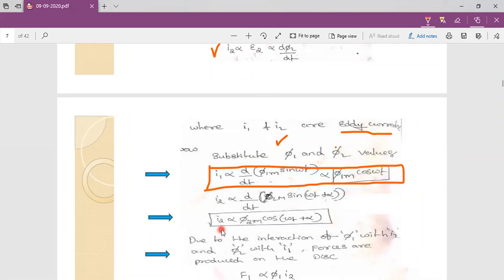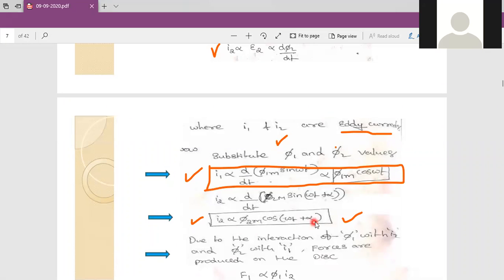In the same way, after substituting the phi 2 instantaneous value, I2 is directly proportional to phi 2m cos of omega t plus alpha. So now we have the two currents produced in the disk, I1 and I2, and we have found their values.